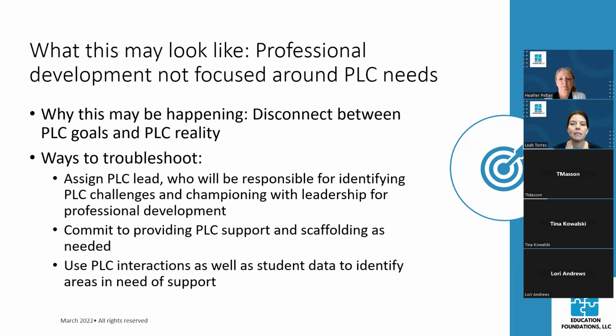But really, somebody at that grade level needs to be the champion for the needs of that grade level, telling the coach or the administrator, my PLC needs this help, or my PLC is struggling with common assessments. We really need some insight or some coaching on how to build a common assessment. Or I have a group of teachers who are struggling with scaffolds for ESE students.